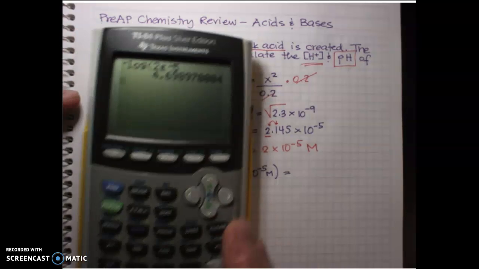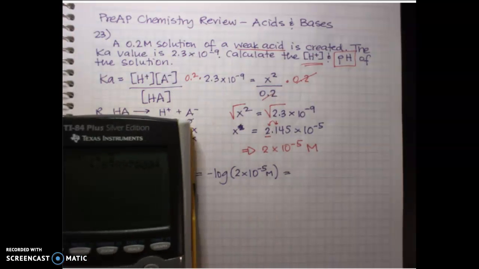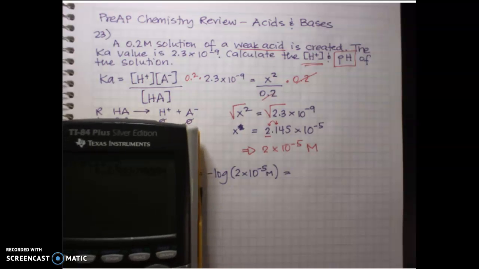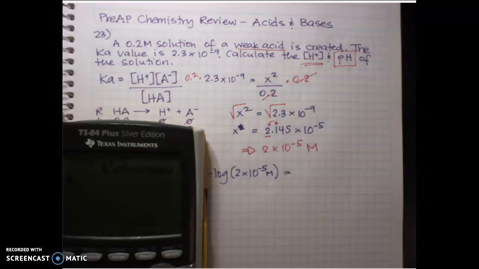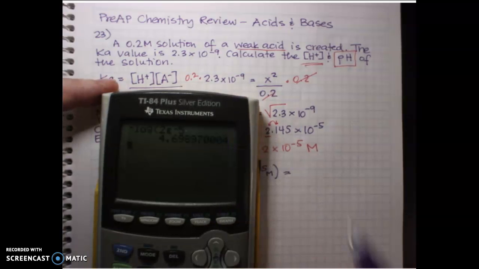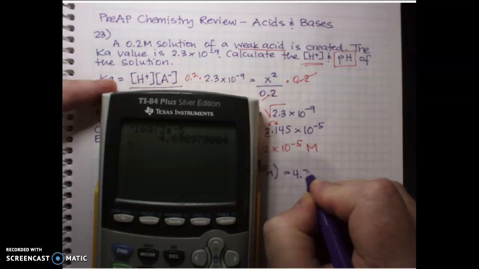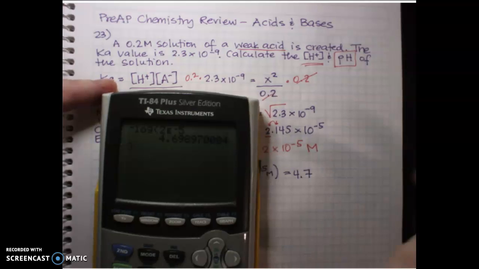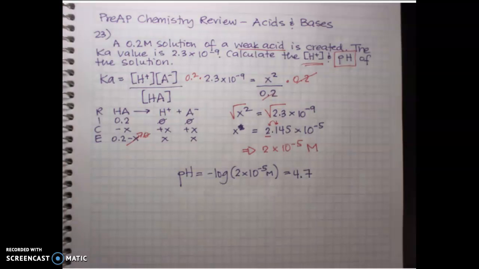And if we're looking at sig figs, remember when it's in the p log, the significant figures come after the decimal place. So in this case, we only have one sig fig, so that's going to be 4.7. And that is our pH.